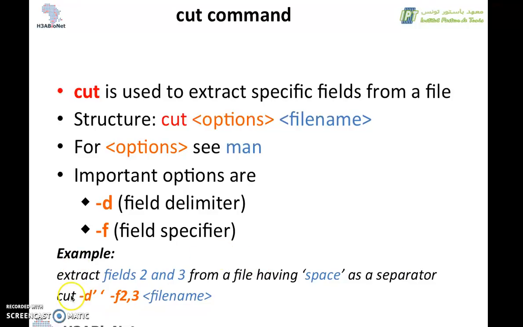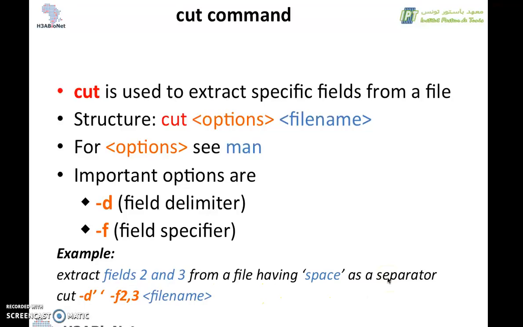You can do cut -d and then specify the space, and then -f 2,3, which means that we would like to extract both fields 2 and 3 from a given file name.